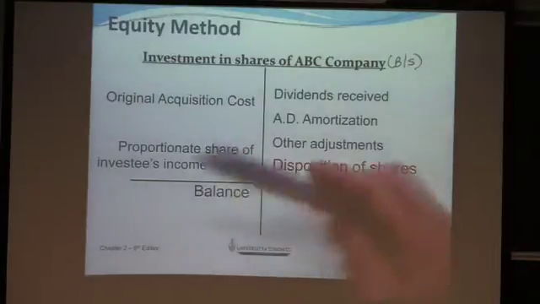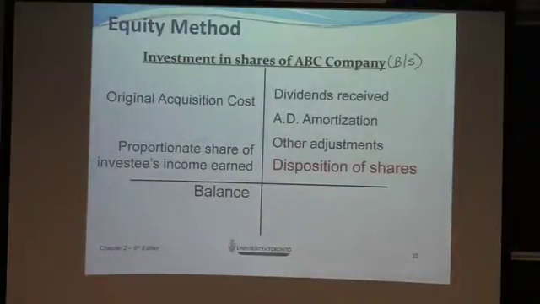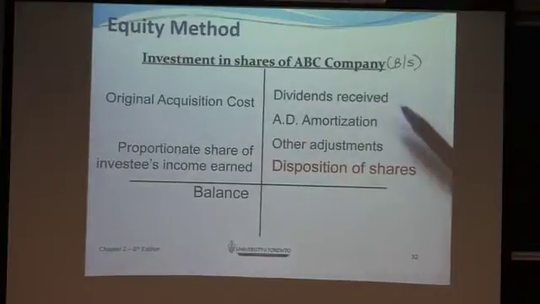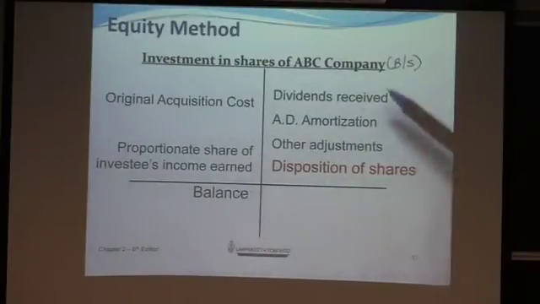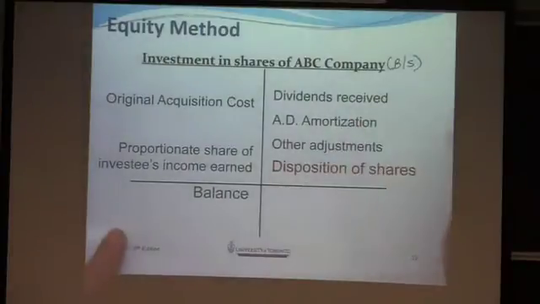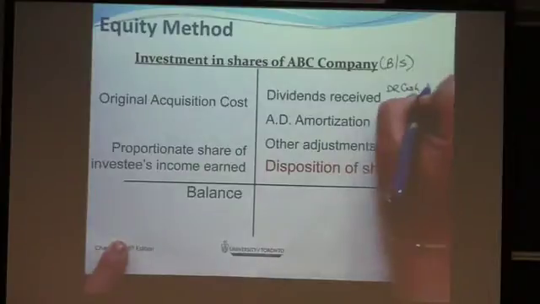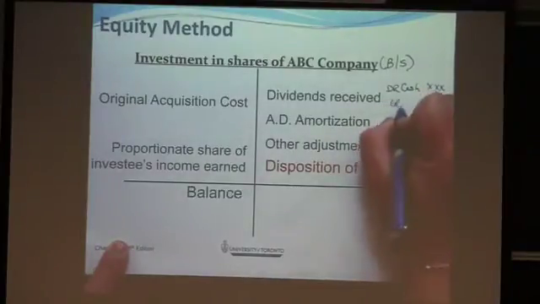And we're going to increase the investment based on our proportionate share of investee's income earned. Obviously, if it's a loss, it would be on this side of the T account, a credit side. We also pick up our share of dividends received. So the entry for this one is debit cash, credit investment.